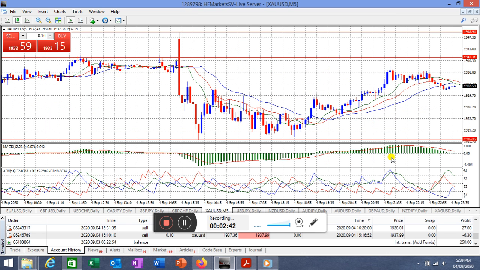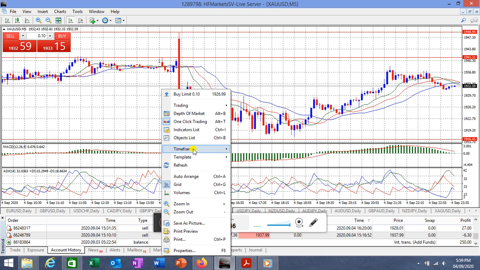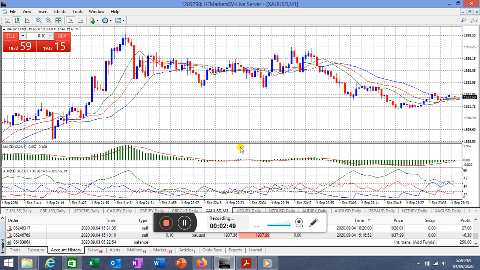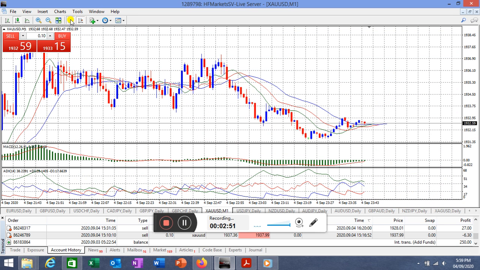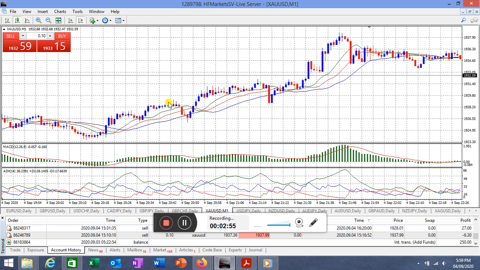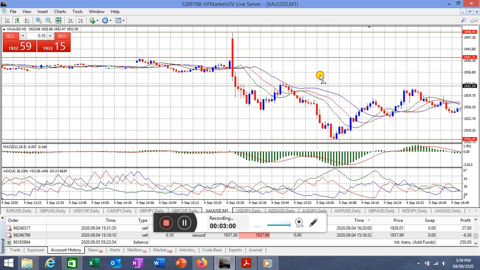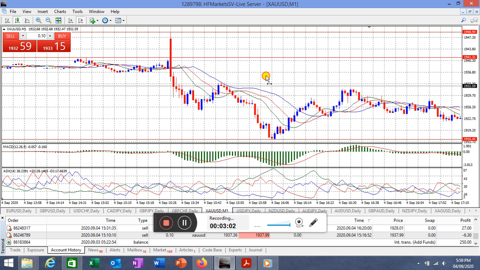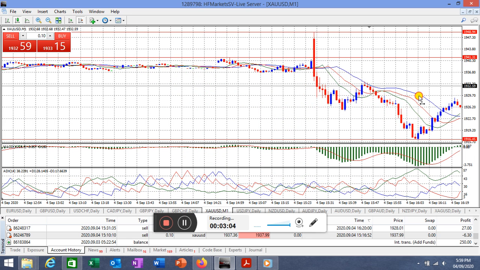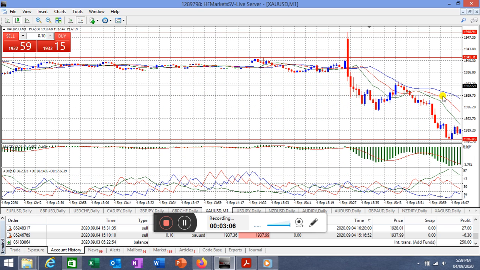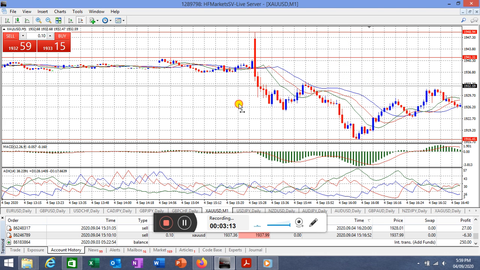Alright, so I got a little bit spooked initially, right? And I see if we can pick it up here. I got a little bit spooked initially, and I think I went into the trade here, right?